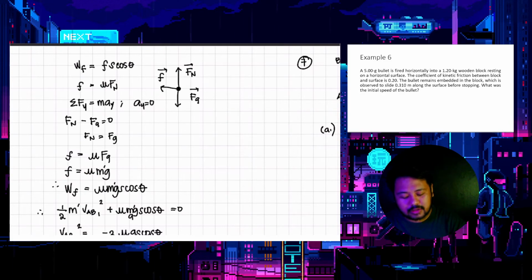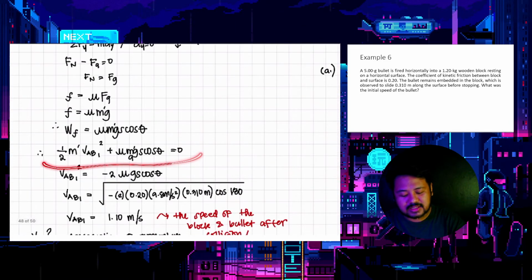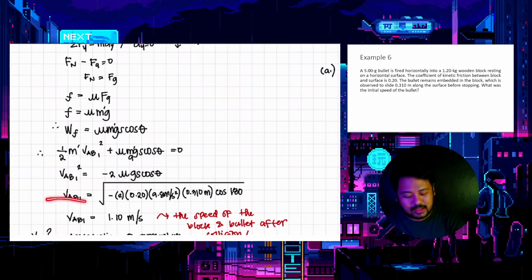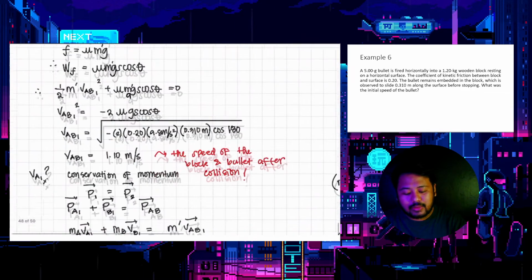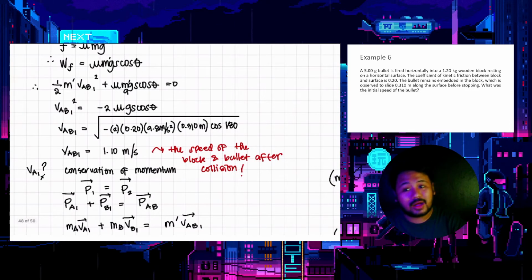Substituting that to our original equation, we could now further simplify it. We now have this equation, and then after that, we could get the speed of our block after collision, and that is 1.10 meters per second.